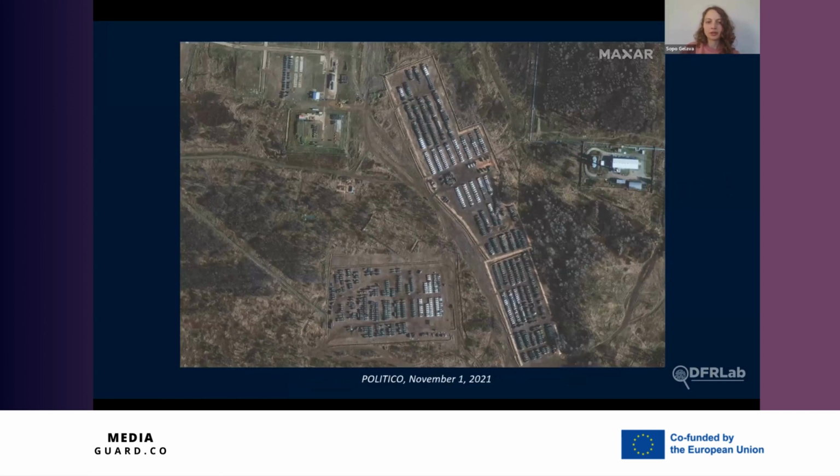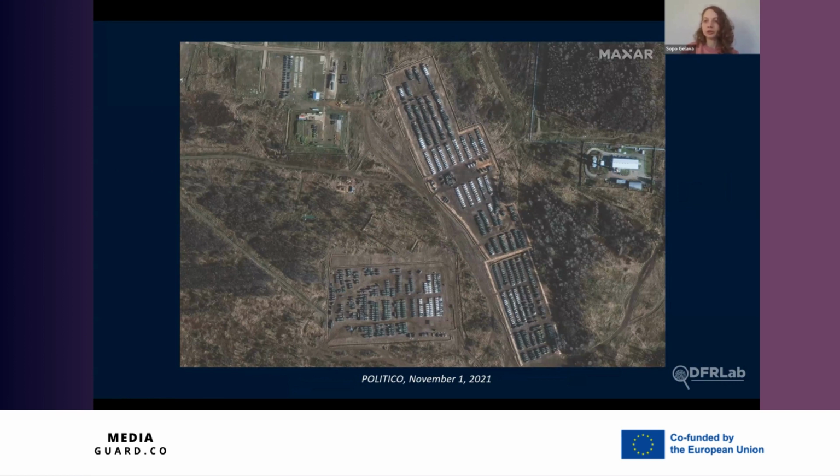If you remember, there were satellite images from Maxar Technologies published by Politico in November 2021. Even before that, months earlier in spring, there were reports that Russia was deploying military equipment in Belarus near the Ukraine border.